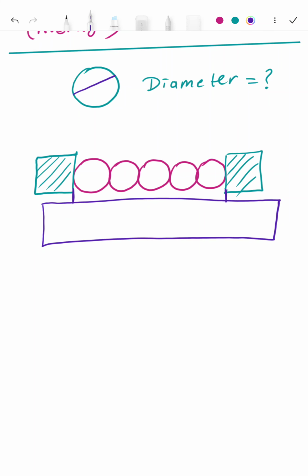So we can put the meter ruler with the zero mark starting from here, and measure the diameter of these five balls. So maybe 1, 2, 3, 4, 5, 6, 7, 8, and 9.